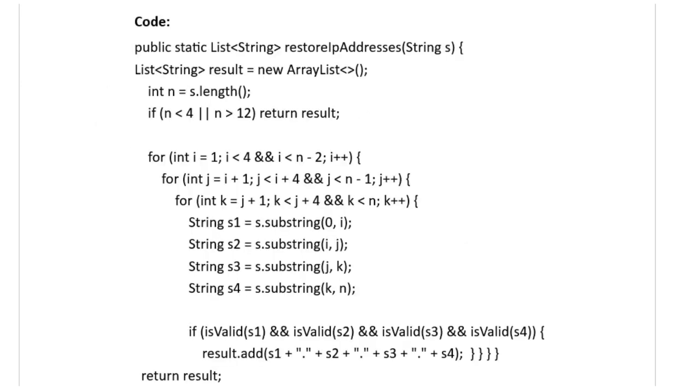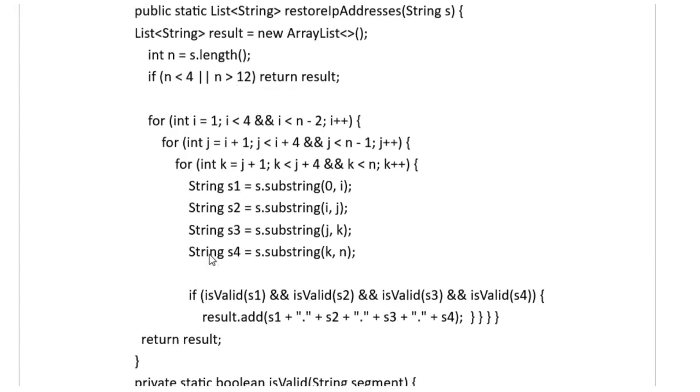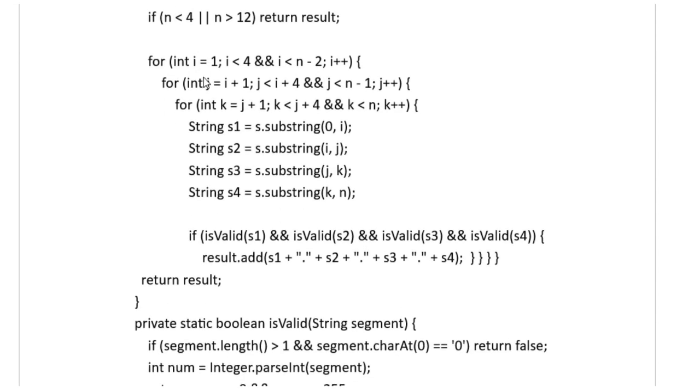So as for the code, we can see that if n is less than 4 or it is greater than 12, we'll return. And we'll be using three nested for loops. And we'll be checking if all of the substrings are in the valid range. And if it is valid, we'll add it to the result and we'll return the result.